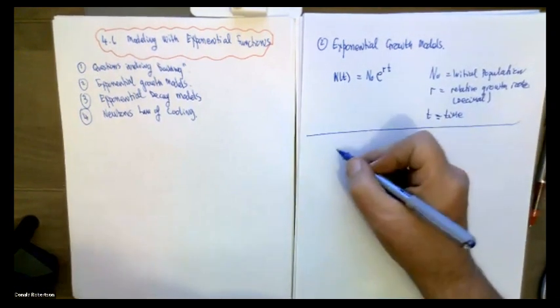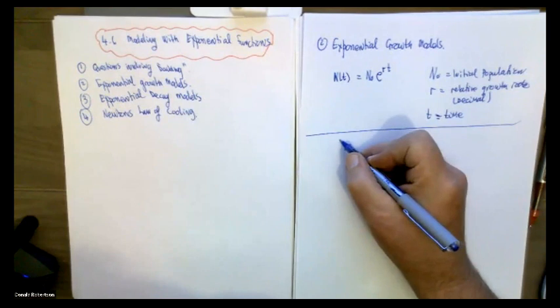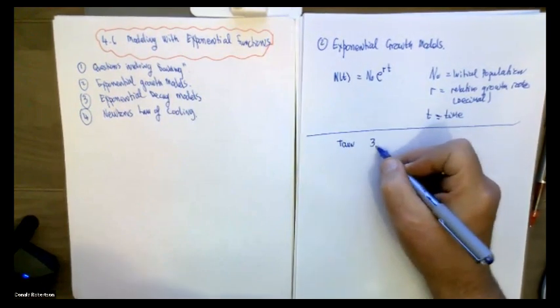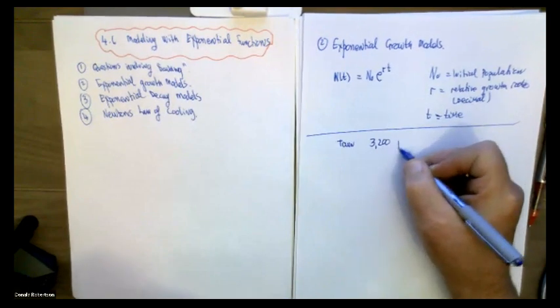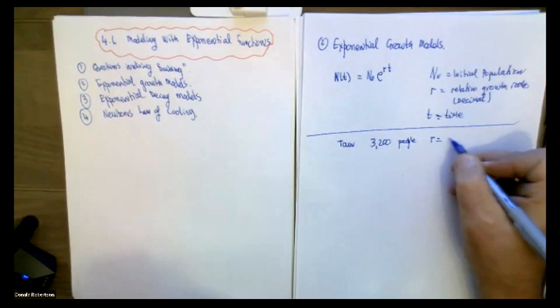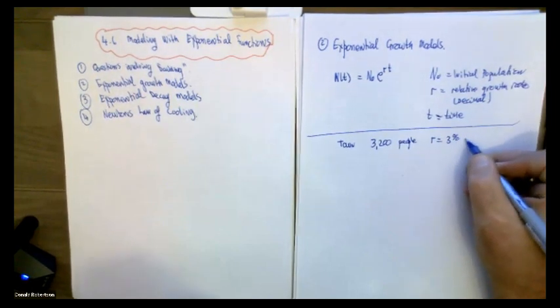Whatever it might be. So let's suppose in this story that there's a town. And this town has a population of 3,200 people. And its growth rate is 3% per year.